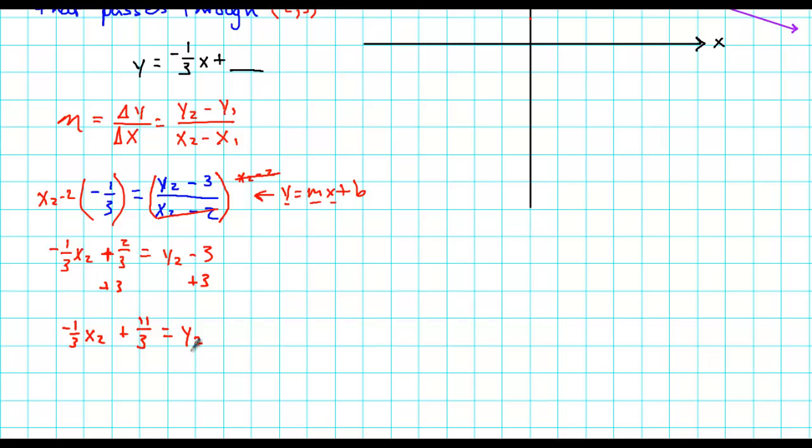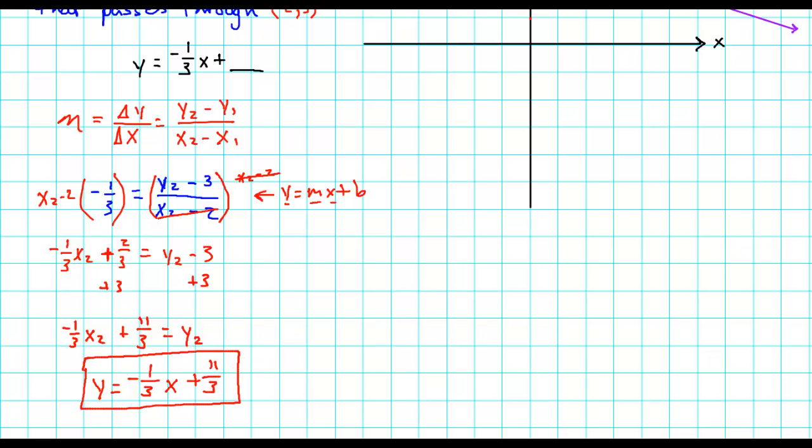I'm just going to rewrite this, and I'm going to get rid of the 2's because I don't need the y2 and x2. I just need y equals negative 1/3 x plus 11/3. Now you can take your calculator and figure out that 11/3 is 3.67.